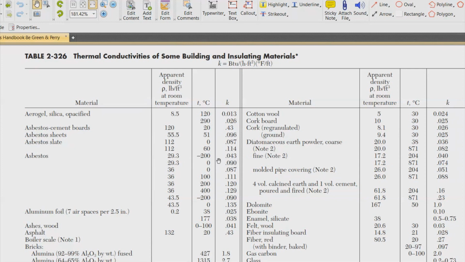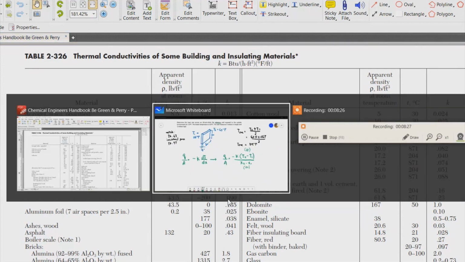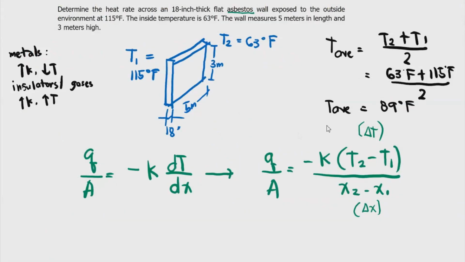Okay? So, our mean temperature, remember, is 89 degrees Fahrenheit. But this one is in degrees Celsius. So, we need to go back to the problem and then we need to convert our temperature first in terms of degrees Celsius para magamit natin siya dito during interpolation. So, 89 degrees Fahrenheit, we need to convert it in degrees Celsius.